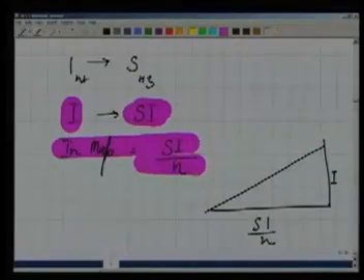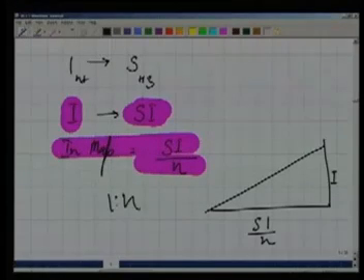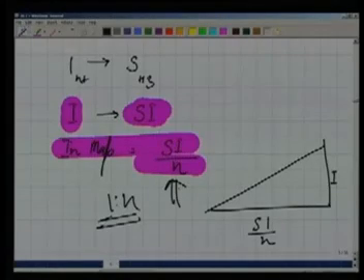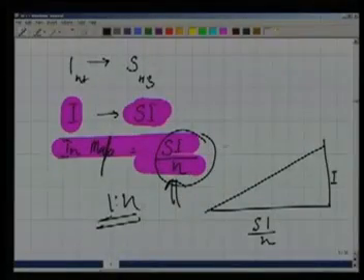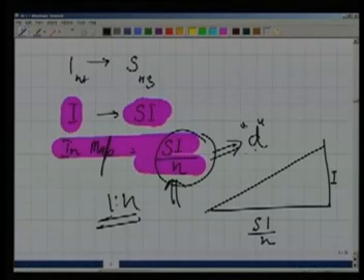So in the map, if the map scale is 1:n, this is the equivalent distance there on the map. Let us say this distance is d.